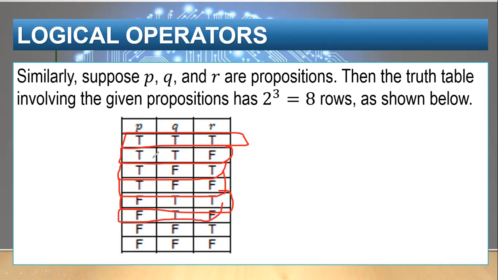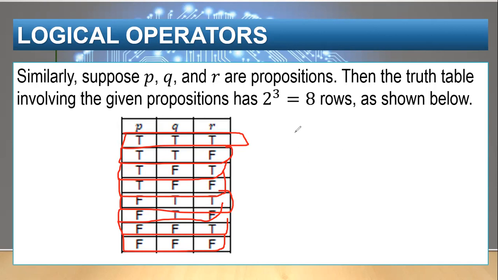For the next row, we have both P and R false, then Q is true. Next, P and Q are false, R is true. Then last row, all of them are false. So, kung mapapansin natin, walang mauulit na combination dyan. So, for every row, iba-iba yung kanilang truth value or combination.